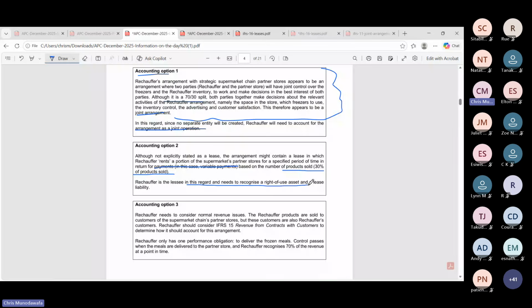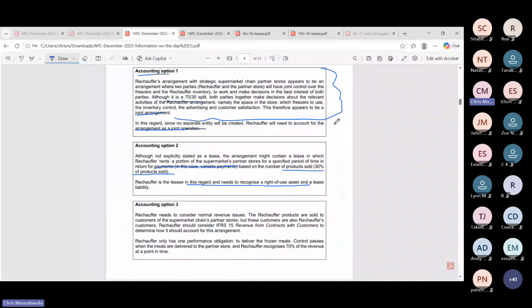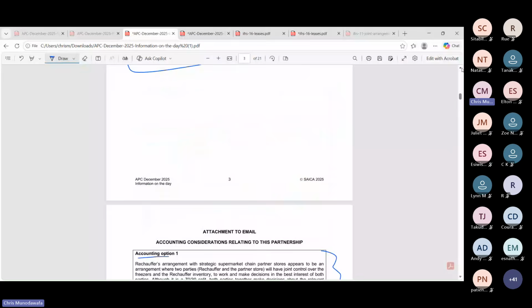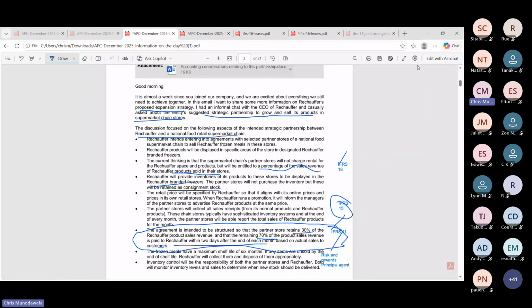So it is triggering whether you know what constitutes a lease payment. Where is it? It is in the information of the day. In the strategic plan we are told that we will be paying 30%. The partners will collect sales receipts, and these chain stores typically hold the inventory, and at the end of every month we will be able to report the total sales.